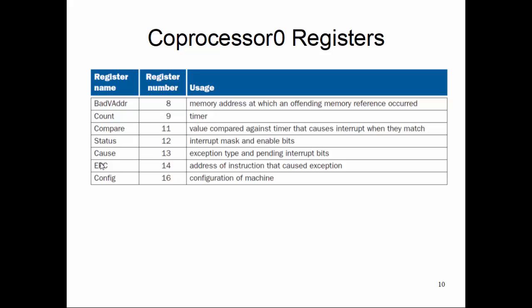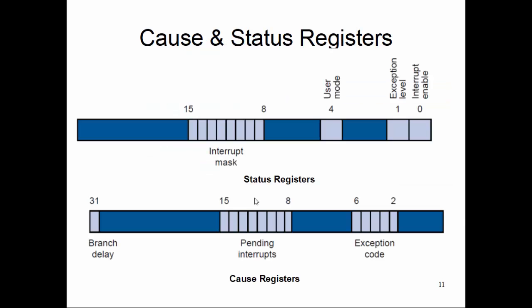EPC is the address of the instruction that caused the exception. Basically, this is needed to go back to the point to resume the user program. And the Config register is for configuration of the machine. We'll not touch more on that.